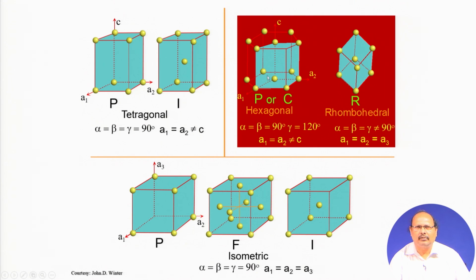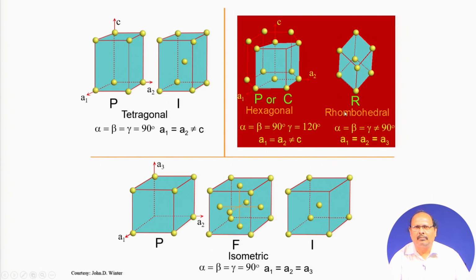So, this angle with this direction in the horizontal plane is 90 degrees, but in the horizontal plane, axis to axis is 60 degrees or its complementary 120 degrees. And if this is the unit cell, and the lattice nodes are lying at the corners here, you call it, for example, the hexagonal primitive lattice here.